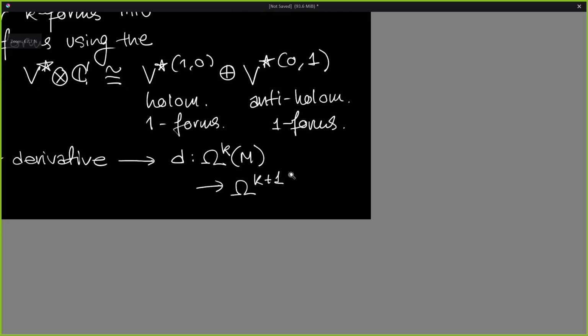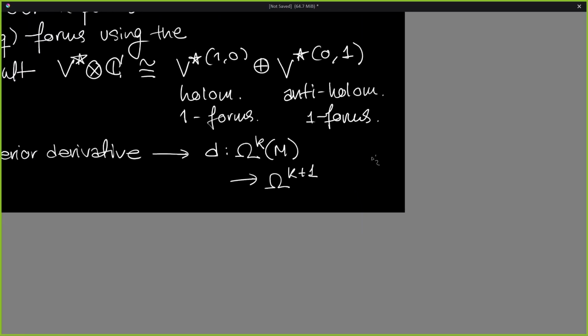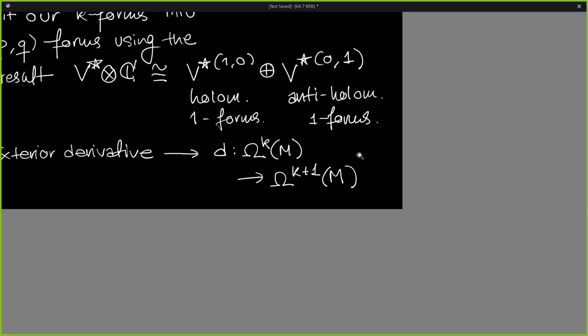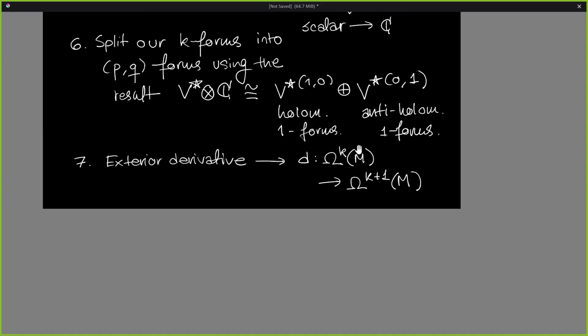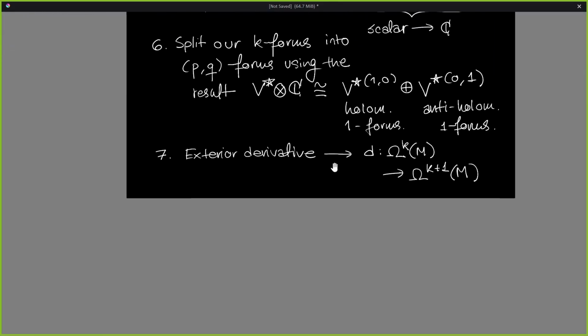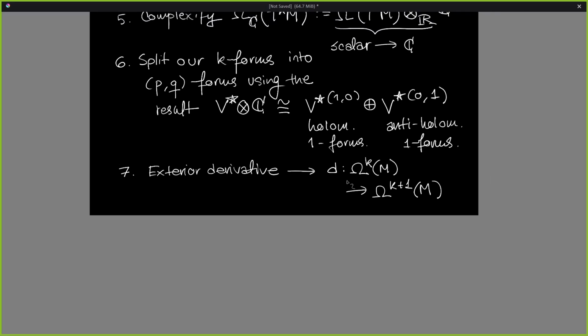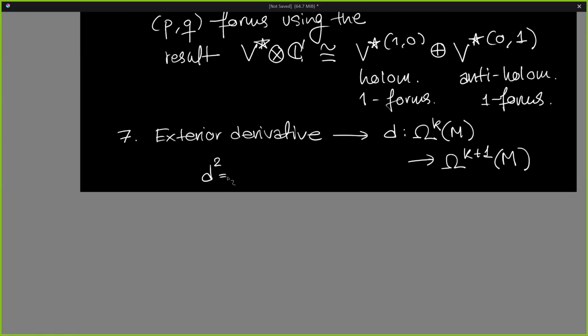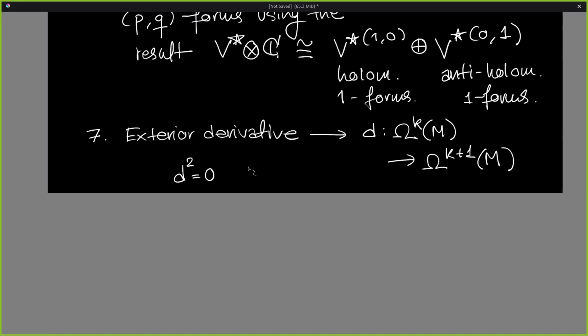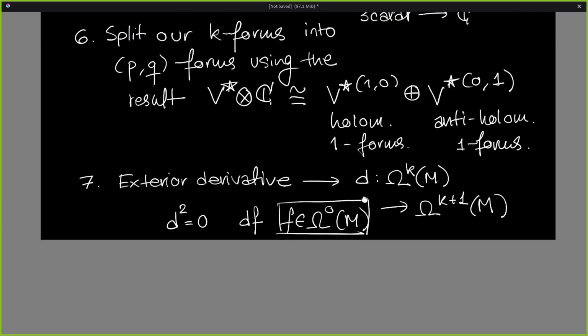So if I give you a differential k-form, then the exterior derivative would give me a differential k plus 1 form, subject to some properties: the Leibniz rule, distributivity, that it squares to 0, d squared is equal to 0, and that if f is in omega 0, then df is just the differential of a map. So that's where we left off.